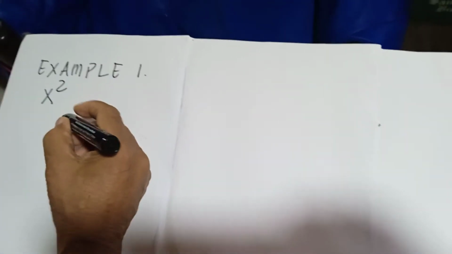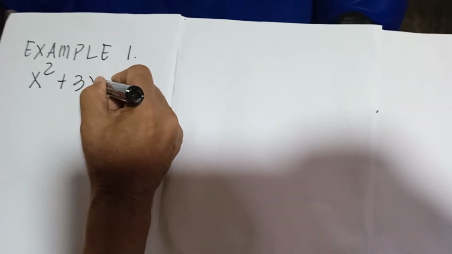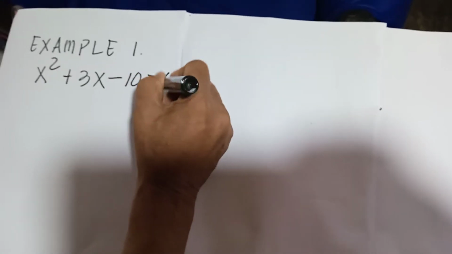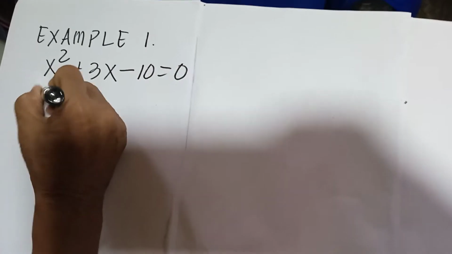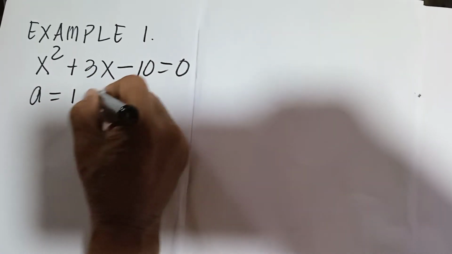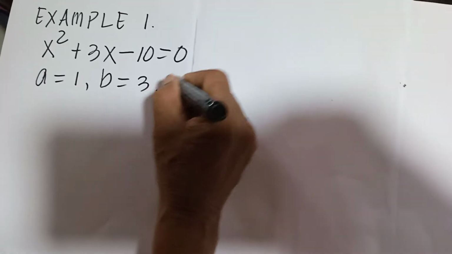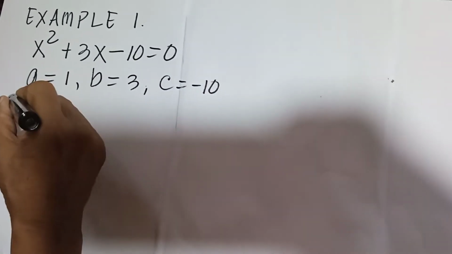Number 1 is x squared plus 3x minus 10 equals 0, and A is equal to 1, B equals 3, and C is equal to negative 10.